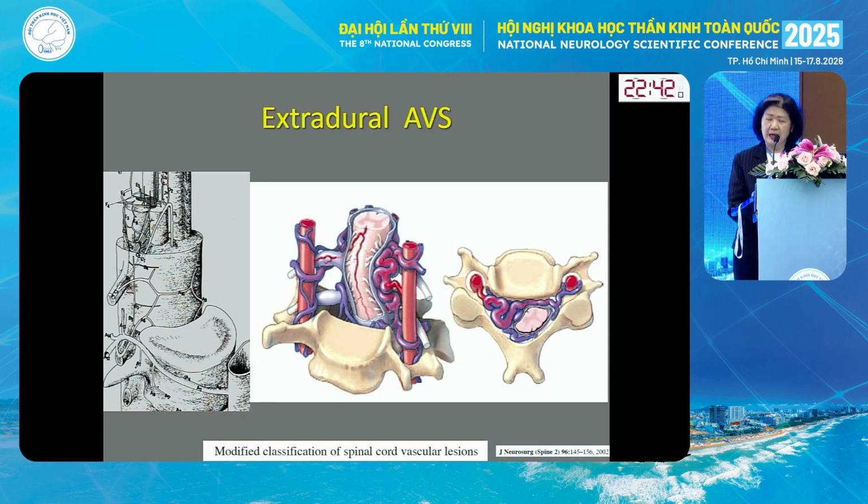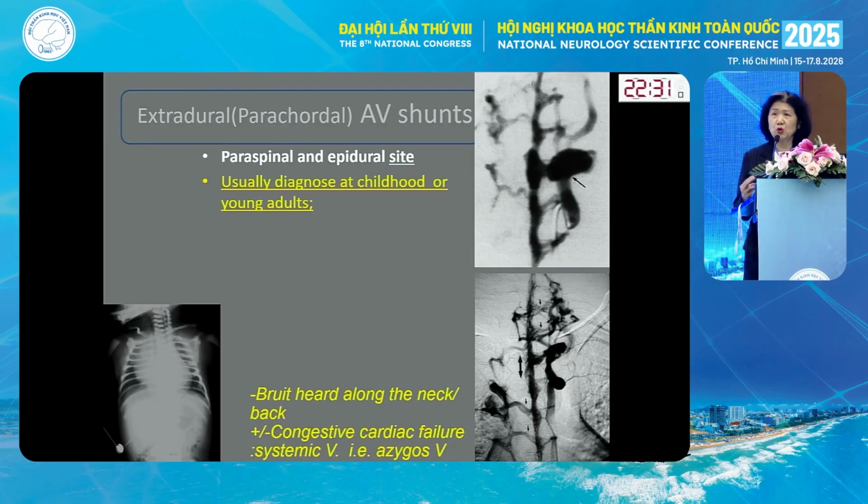You can notice that the shunt is fed by the artery outside the dura. So when the shunt opens outside the dura, there could be two spaces, the paraspinal and epidural sites, usually diagnosed in childhood and young adults.